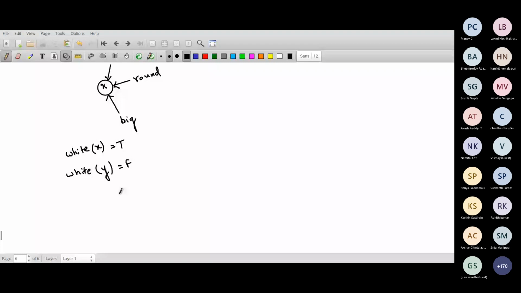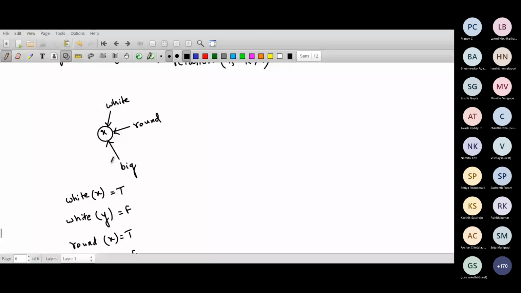Okay, similarly, round of x may be true, some other object y may not be round, that may be false, and so on, right? So here this is a property, and this object is satisfying this property, hence it is true. Some other object may not satisfy this property, hence this predicate is false.